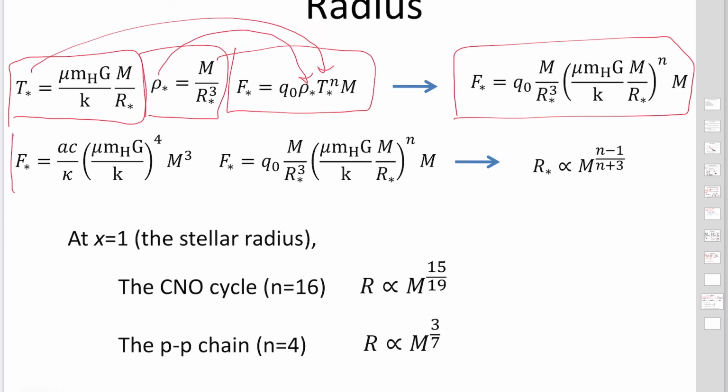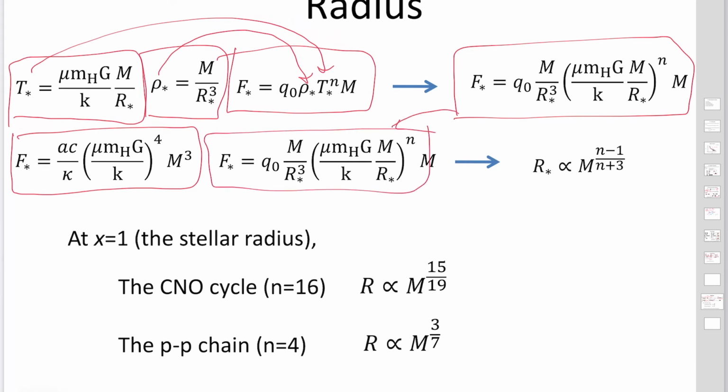And in the last case, I explained the flux is here, and this is exactly equal to the same equation for the flux. So for the same flux, these should be equal. From this equation, R is expressed in terms of M. R is proportional to M to the power (n−1)/(n+3).